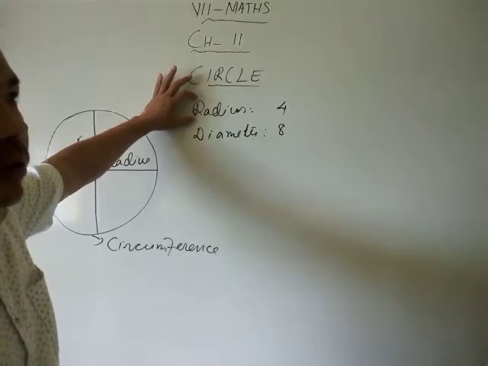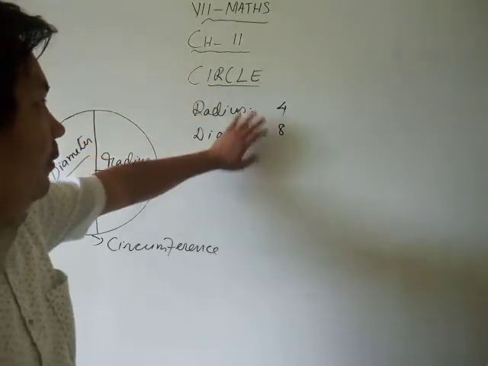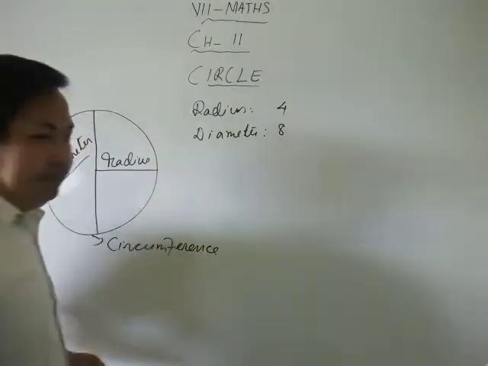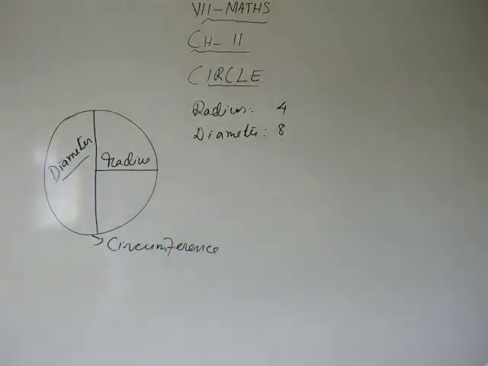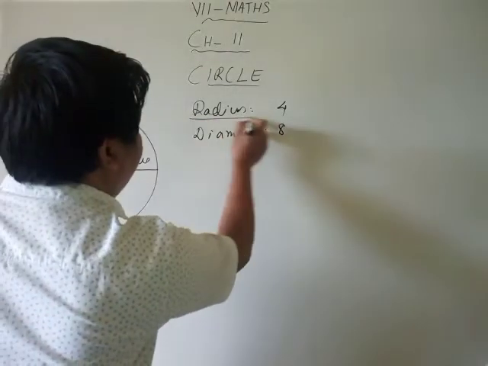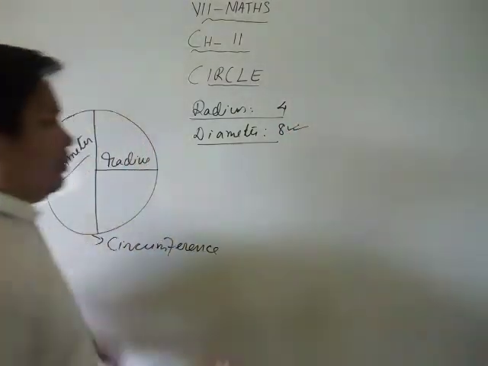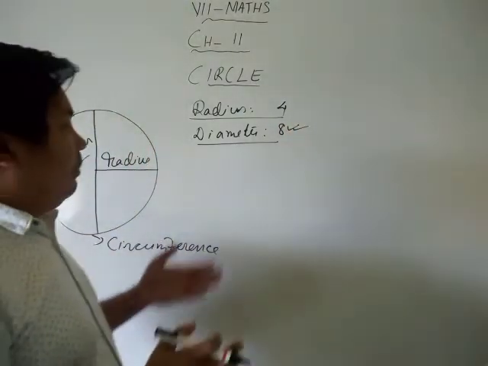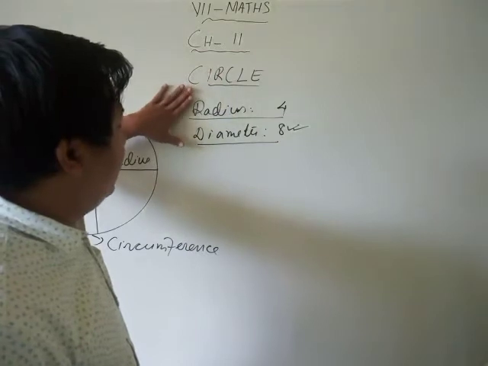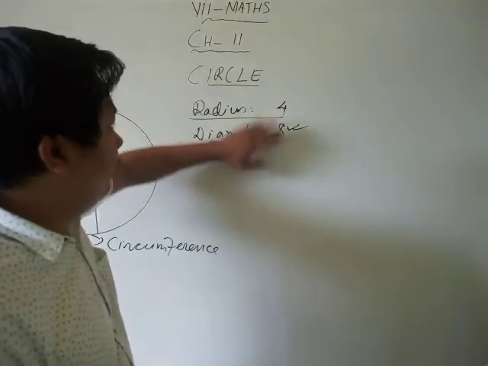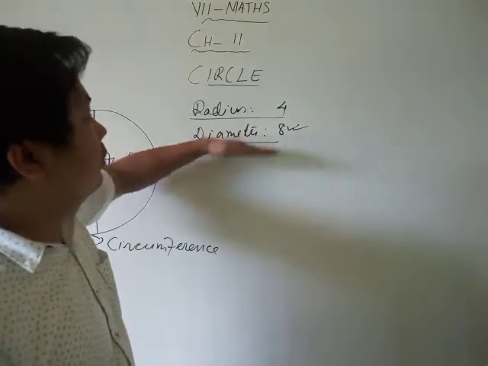Diameter is twice the radius, so the diameter will be 2 into 4, which is 8. And what is the circumference? Now see, when the radius is 4, the diameter will be 8. I am showing you these relations because you must always understand that the radius is half of the diameter, or the diameter is 2 times the radius.